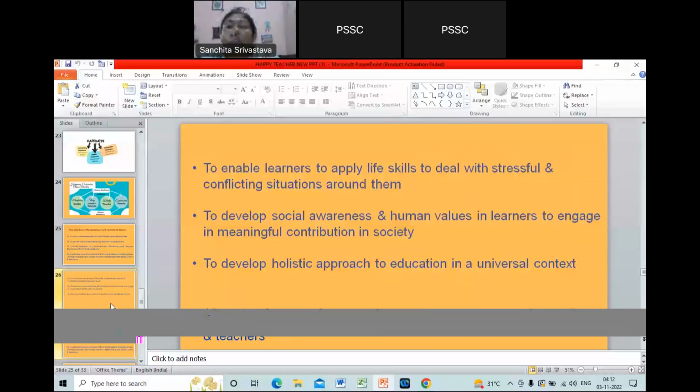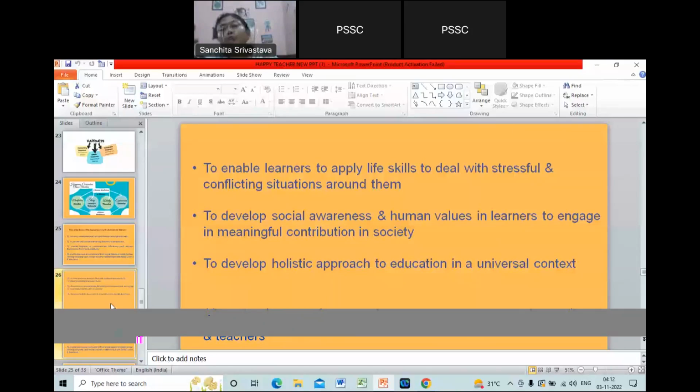That is the reason, again I repeat the same thing, that today's children are tomorrow's citizens. So you should see to it that social awareness and human value are very, very important. With that, human value should be inculcated.